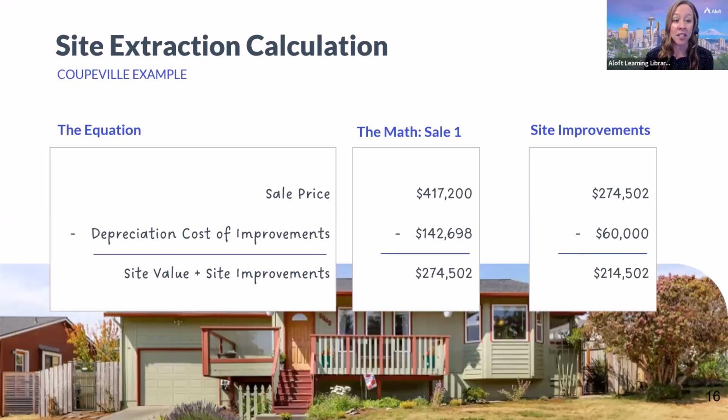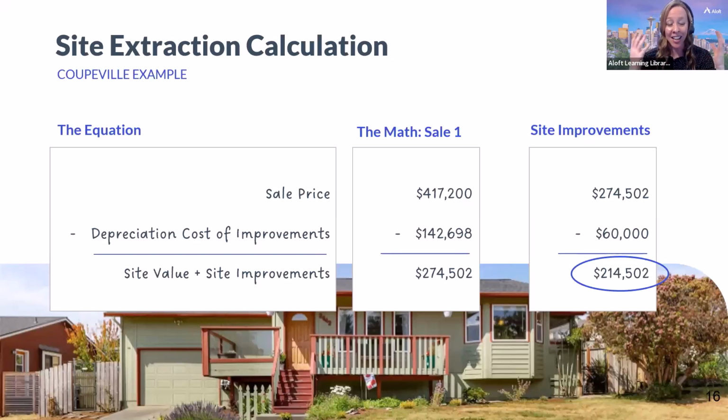This calculation is saying a competing property site is worth about $274,000 with all those as-is site improvements included. So we can take it one step further and back out the sale price to learn that the additional site improvements added about $214,500 to the lot value, which ended up being about 3.5 times the land value.